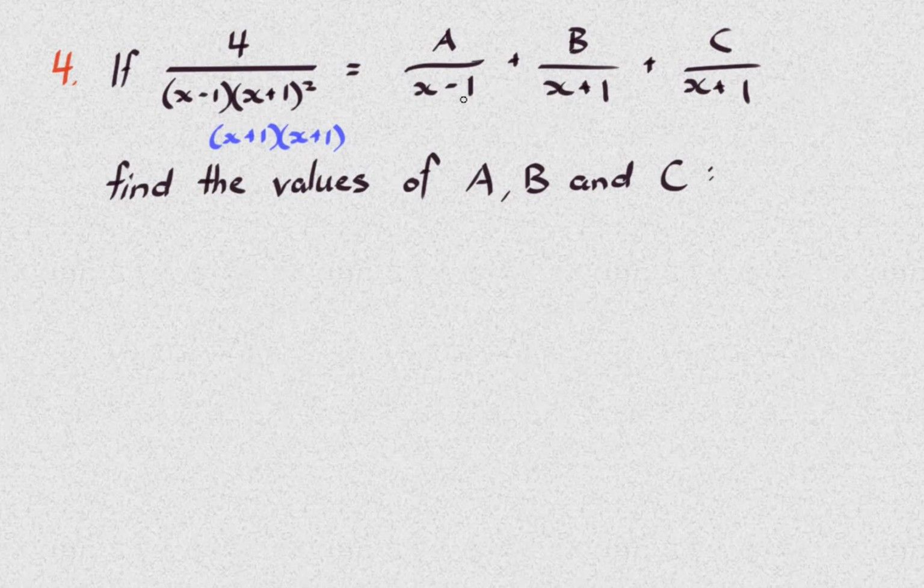Well, notice that if we were adding all of these together, this second and third fraction already has a common denominator of x plus 1. And so we could just combine these together, couldn't we? So they're in one fraction. But b plus c, well, that's just some constant, so we'll just call it b.